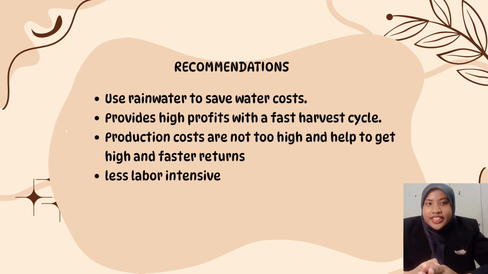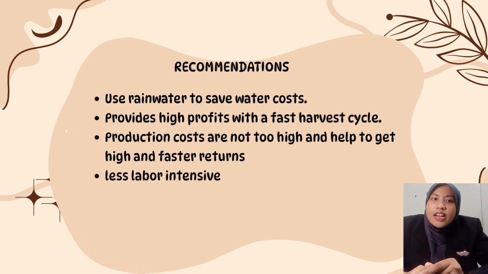So this is my turn, and I will share with you the recommendations. Firstly, use rainwater to save water costs, because this can reduce the cost of water production. Second, provide high profit with a faster harvest cycle, so you can generate better and safer profit.